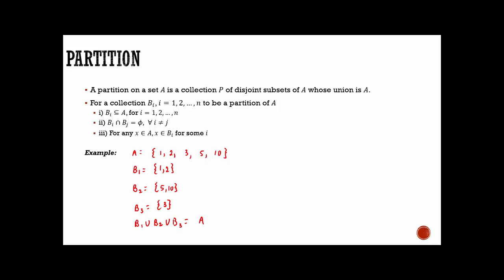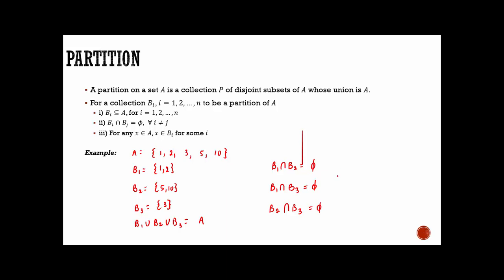We know that the intersection of B1 with B2 equals the null set. The intersection of B1 with B3 is also null because they don't overlap. And the intersection between B2 and B3 is also null.